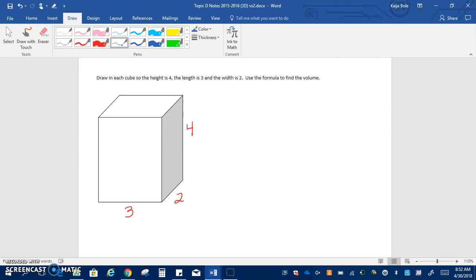So now if we use the formula, we're going to use our V equals B times H. So our area of the base, and the base would be the bottom here, so 3 times 2, then times our height, which is 4. So 3 times 2 gives us 6, and then times 4, so our volume would be 24 units cubed.